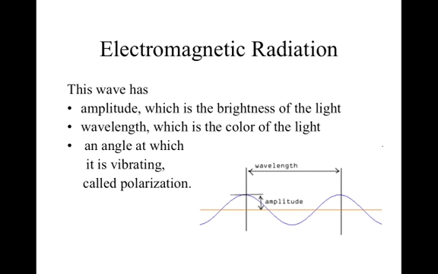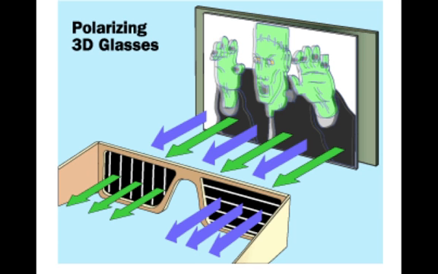Now there's one other concept that's interesting. If the wave is vibrating up and down, it's polarized one way. If it's vibrating side to side, it's polarized a different way. We can actually use polarization in a few different ways. One way is through the original 3D glasses. They'd have two separate projectors, and each would project in a different polarization of light.